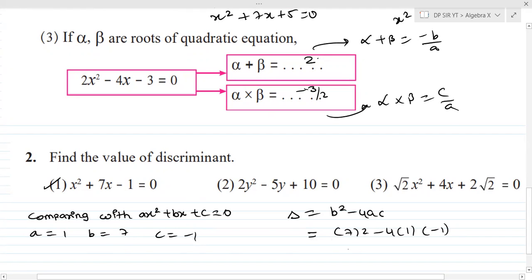So here it's going to be 49 minus 4 into 1 into minus 1, so here it's going to be plus 4, which is equal to 53. Therefore, delta is equal to 53. Let's go for the next question very quickly.